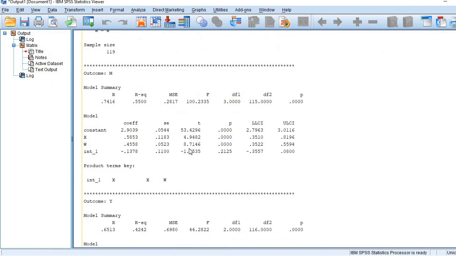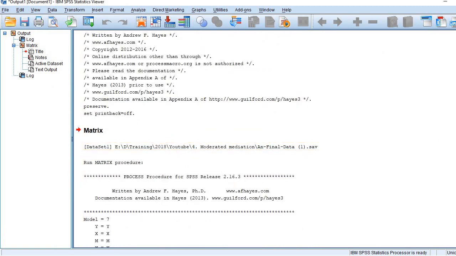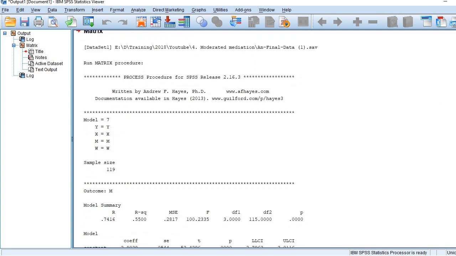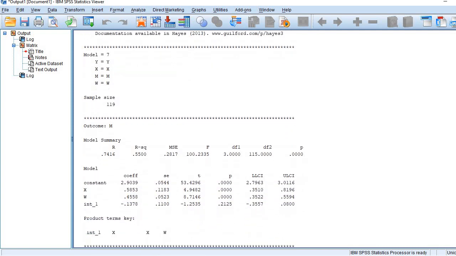So here is the output. When you click OK, you find this kind of matrix. The first part of the result table contains the introduction of variables. Here you see the model number is given, 7. These are the variables, the description of the variables, and here is the sample size.